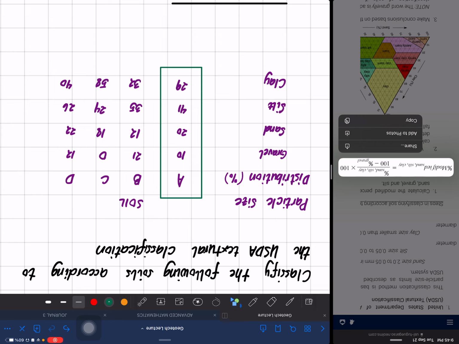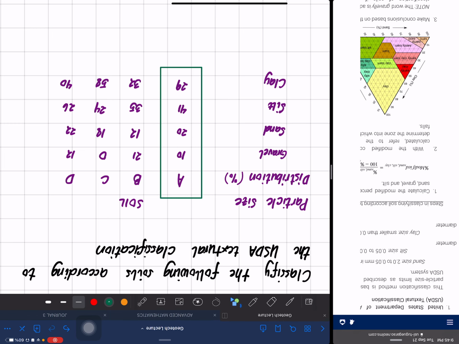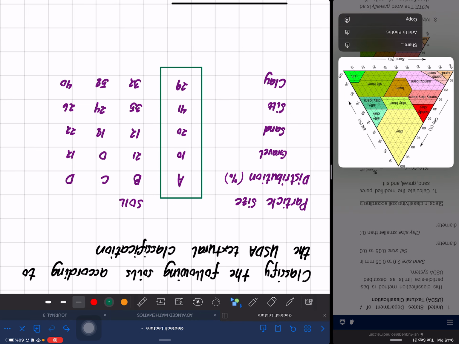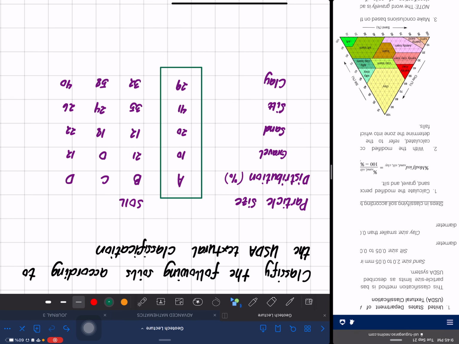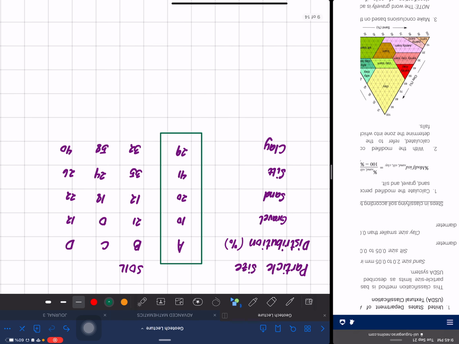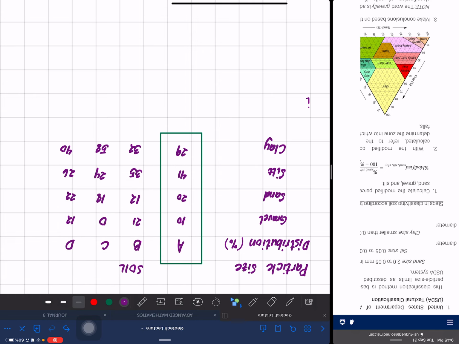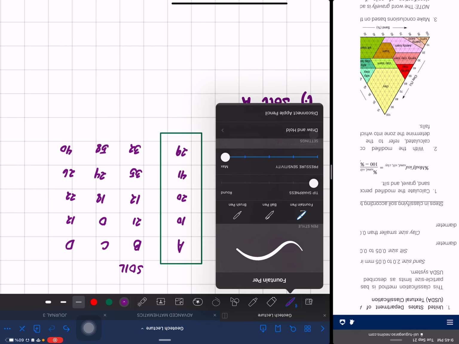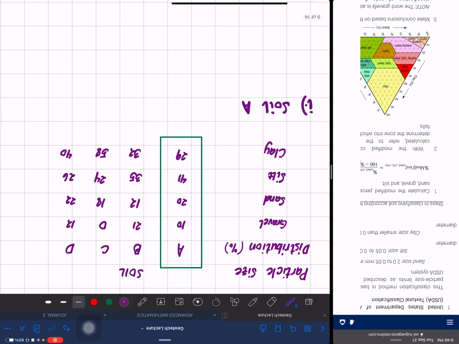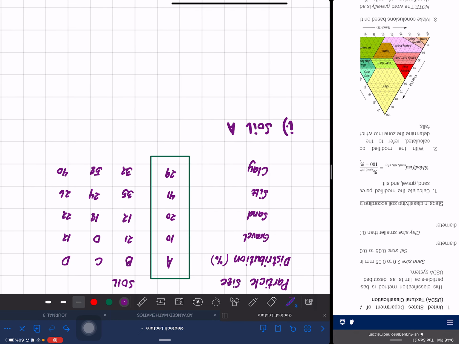So before you plot the percentages in this figure, kailangan muna natin siyang i-modify. So how do you modify? Start tayo kay soil A. If we're going to modify, you just have to apply this formula.